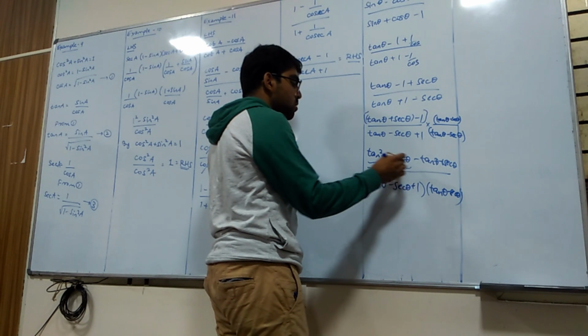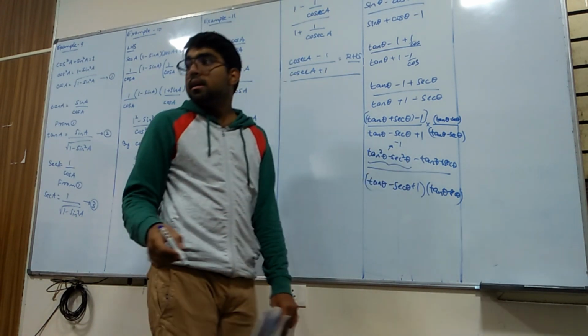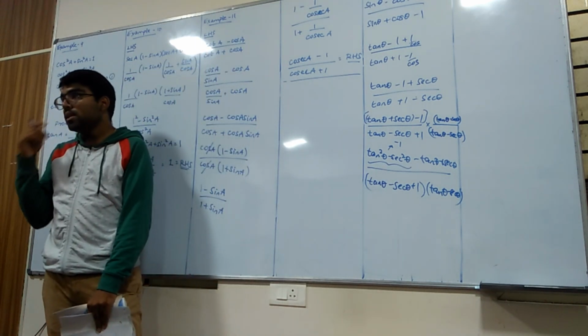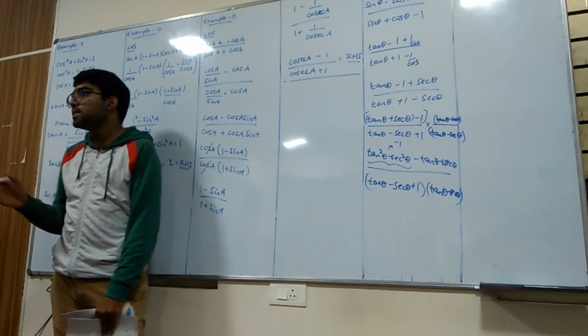What happened to this? Minus 1. If it is secant square minus tan square, then it is plus 1. Here it is tan square minus secant square, so it is minus 1.